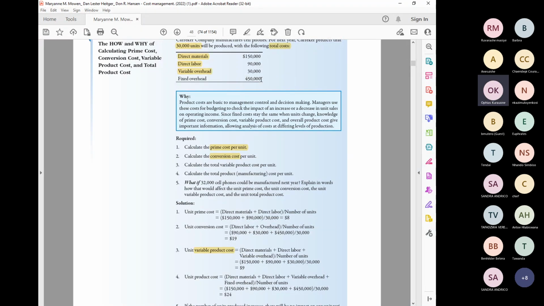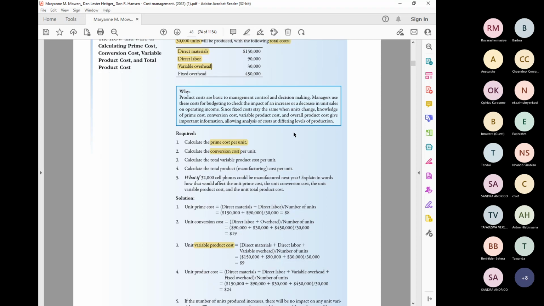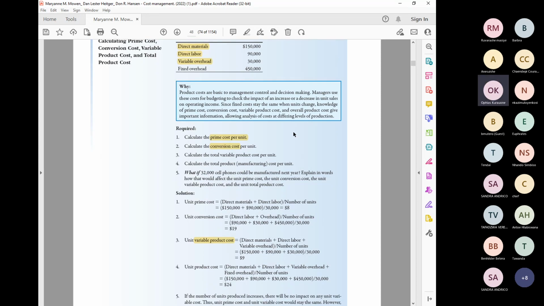But fixed overhead, even if you produce 90 or 70, you are still paying the same, except if it is a step fixed overhead, whereby they will say if you're at this level, you need more. Then the unit product cost, you add everything here, including fixed cost, because it is the product cost. So we are now saying 150 plus 90 plus 90 plus 30 plus 450, divided by 30.